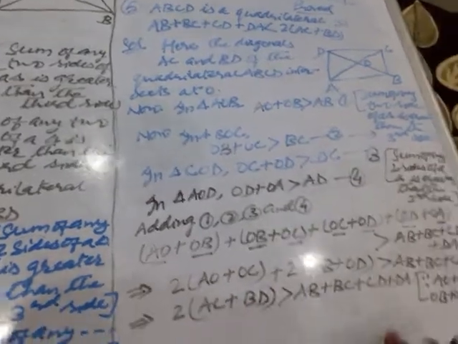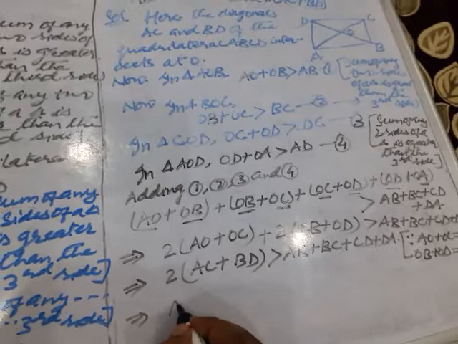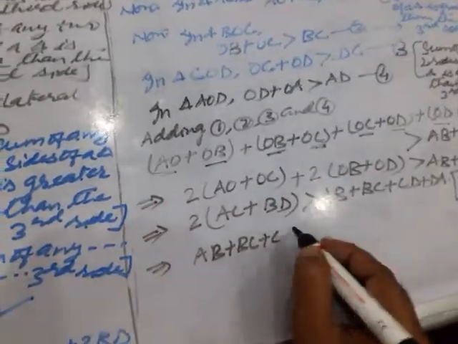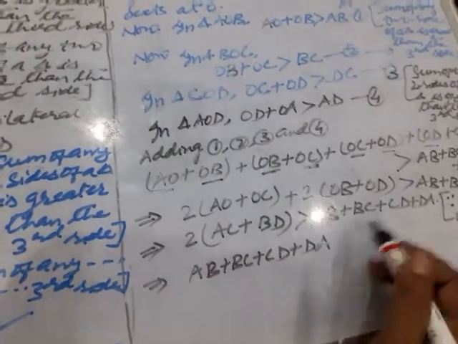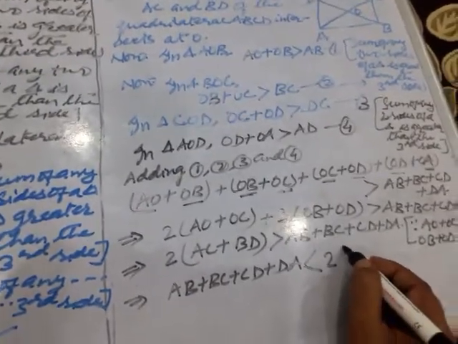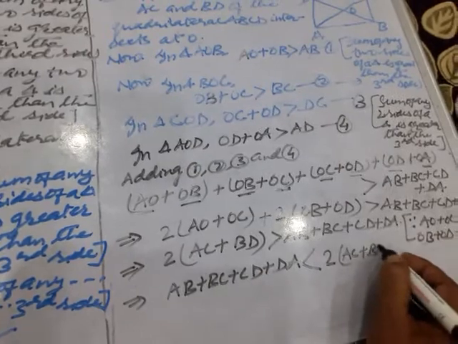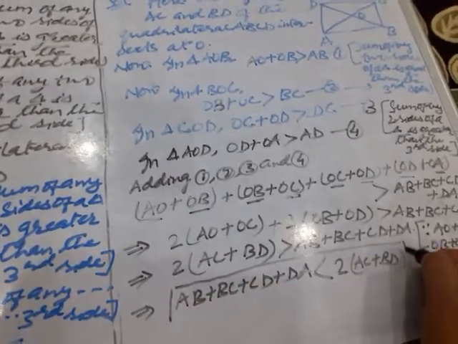We have to prove that this implies it can be written in this way: AB plus BC plus CD plus DA, that is, this is less than twice the sum of diagonals, that is AC plus BD. Children, that is what we have to prove.